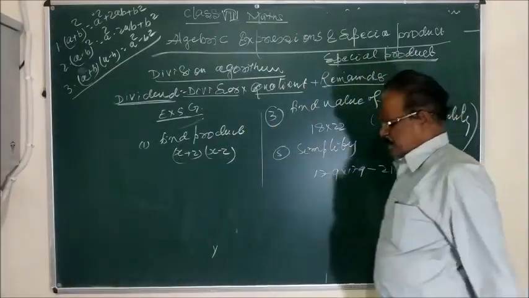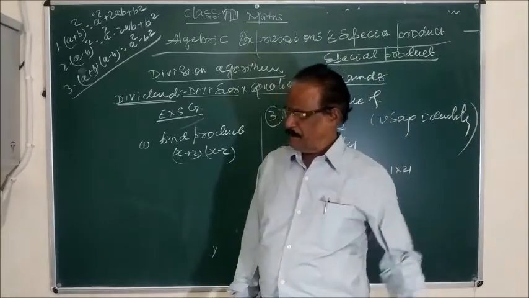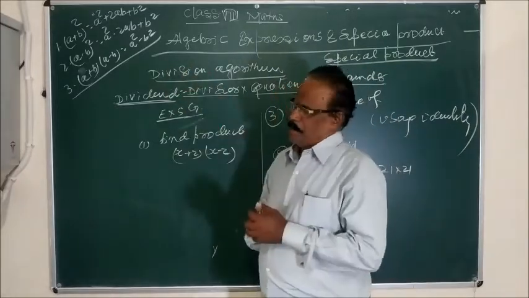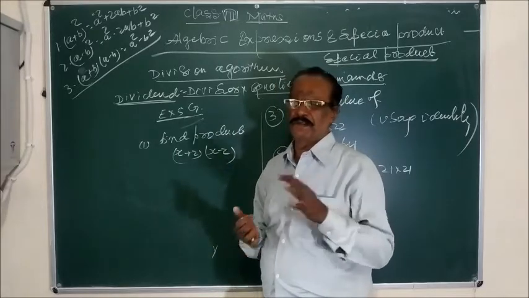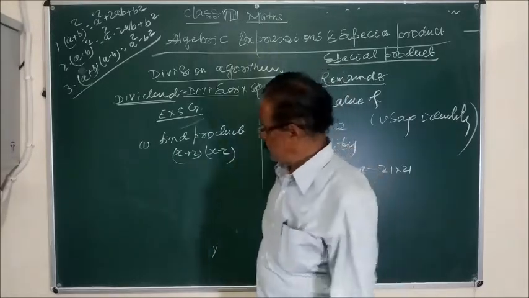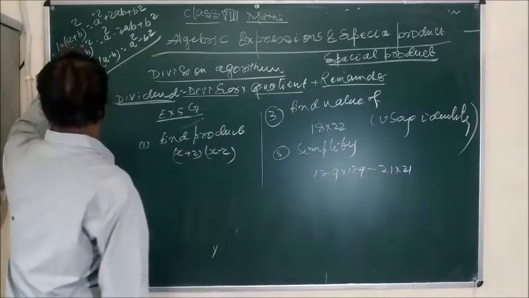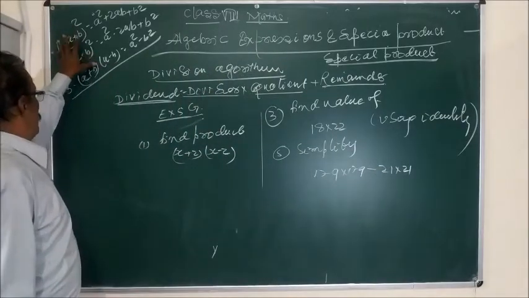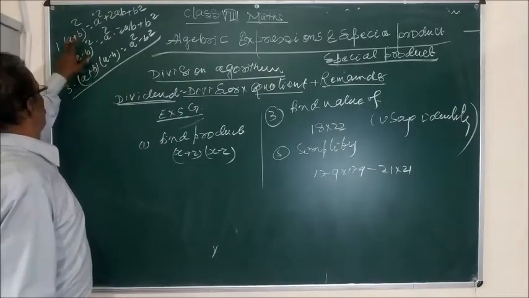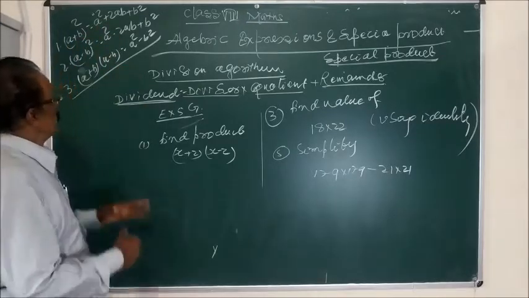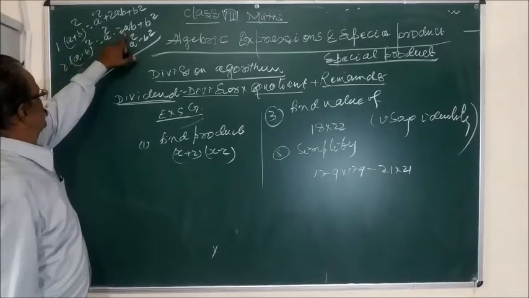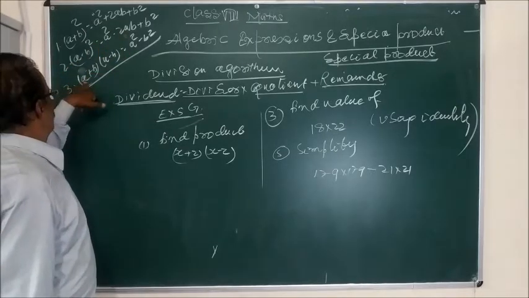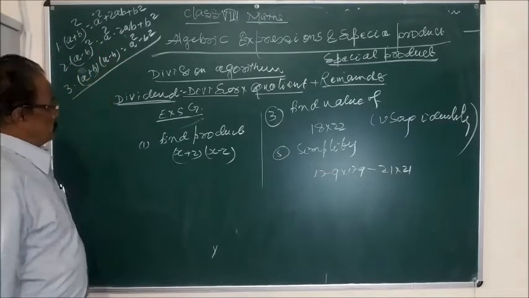I have already explained one day, I suppose, that there are many identities which will be used in solving the question. But these three are important for this standard. (a plus b) whole square is equal to a square plus 2ab plus b square, (a minus b) whole square, and third is (a plus b) into (a minus b).